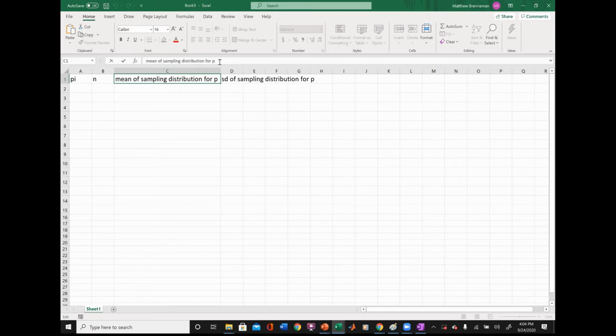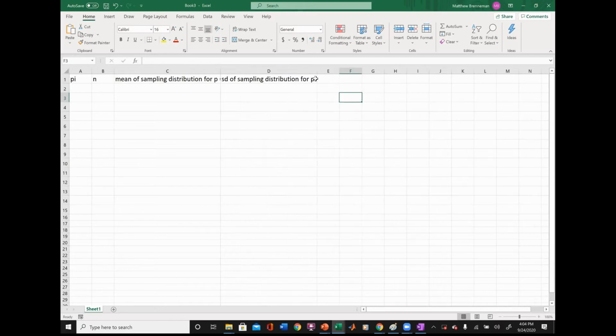It tells me that the mean of the sampling distribution is the population parameter, pi. And it tells me that the standard deviation is going to be equal to the square root of pi times 1 minus pi divided by n, and I take the root of the whole thing.